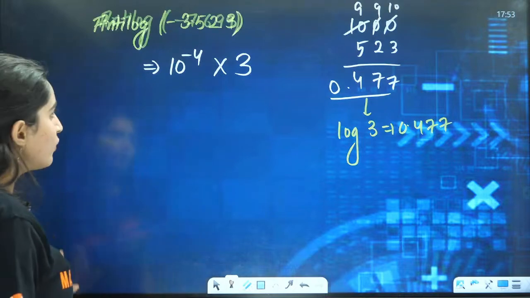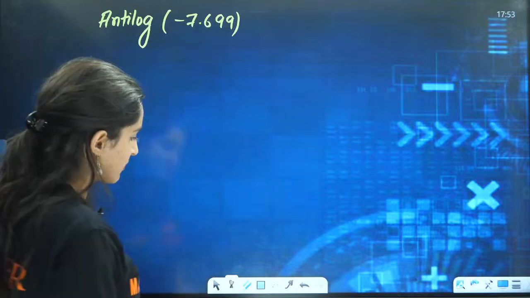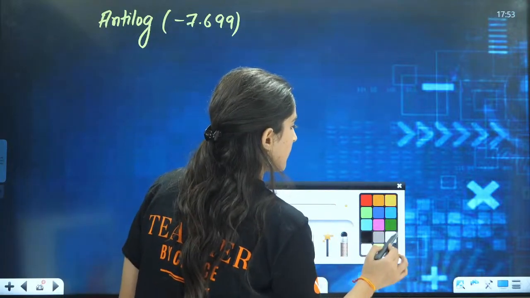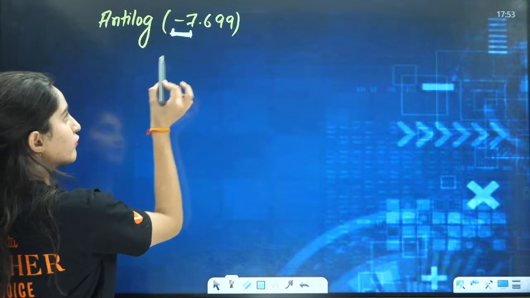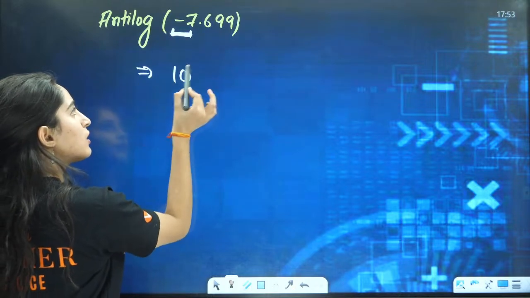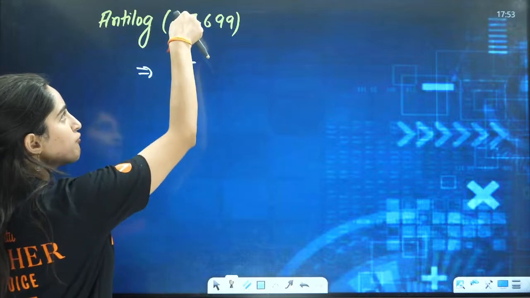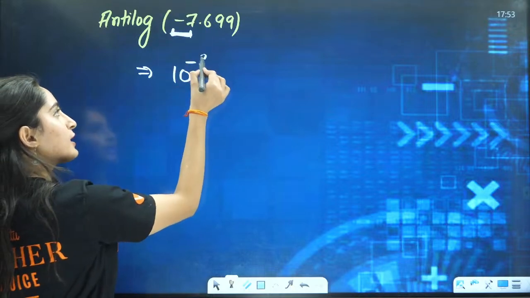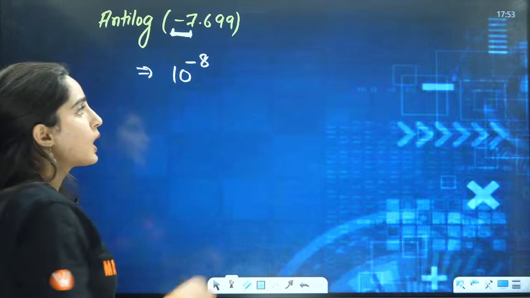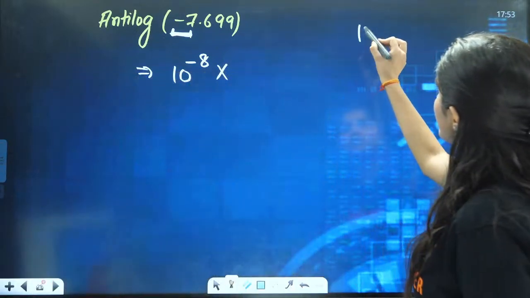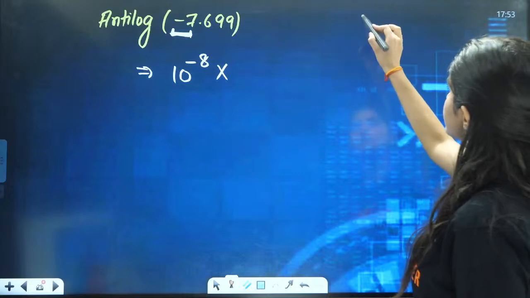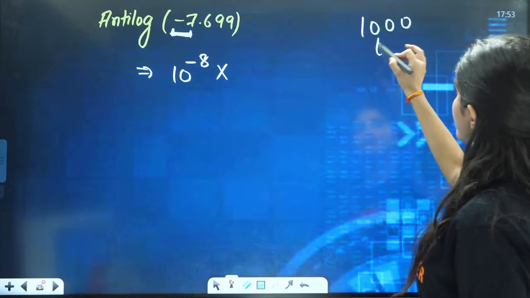Okay. Now, last question of today. Before the decimal, if you have negative, then you will write 10 raised to power minus of plus 1 that value, that is minus 8. Multiplied by, you will firstly subtract this 699 from 1000.